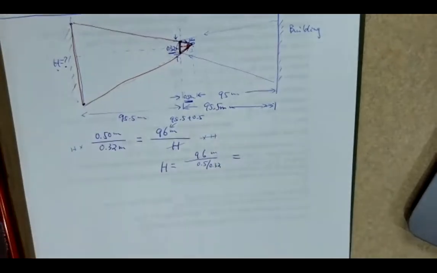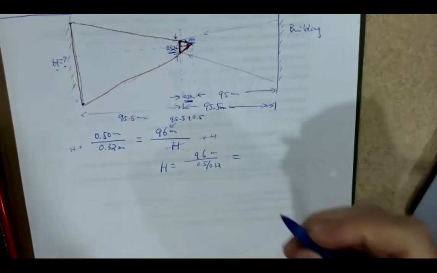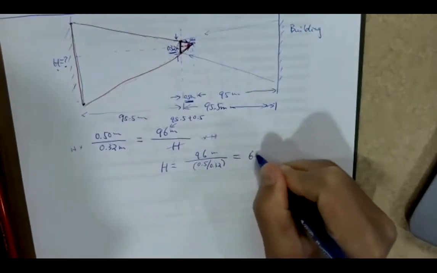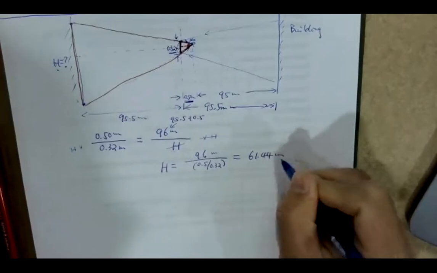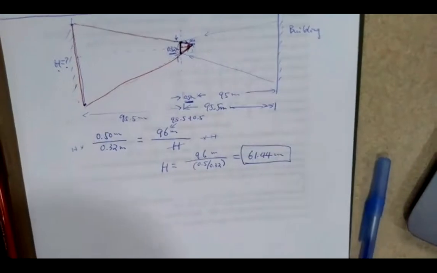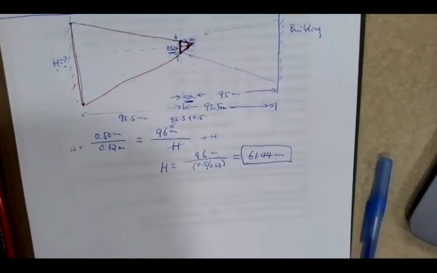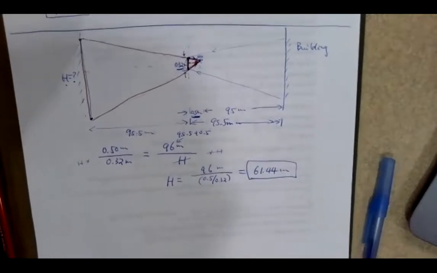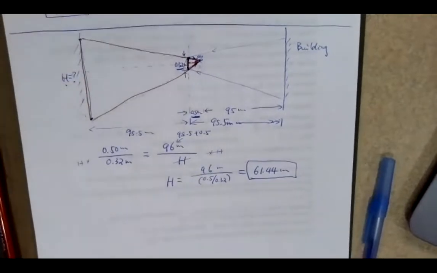So that would tell you this is going to be 61.44 meters, okay? So that's how large the part of the building can be seen.